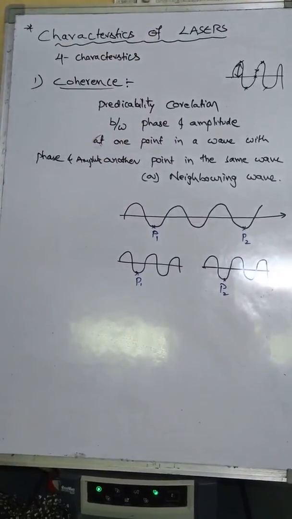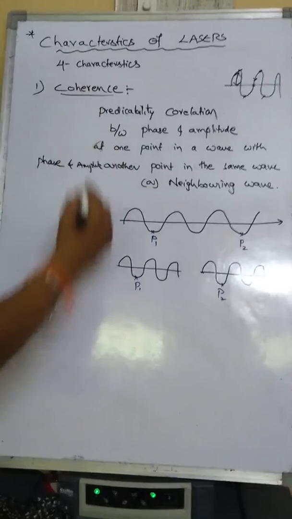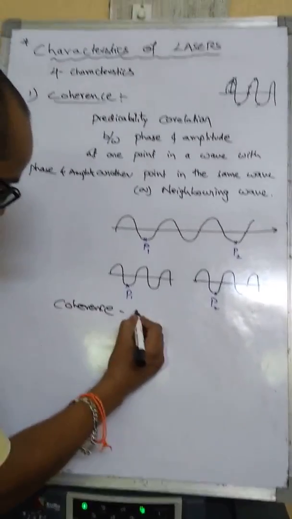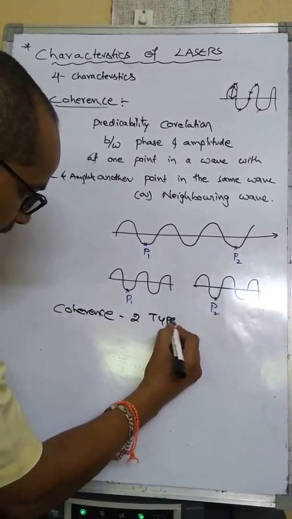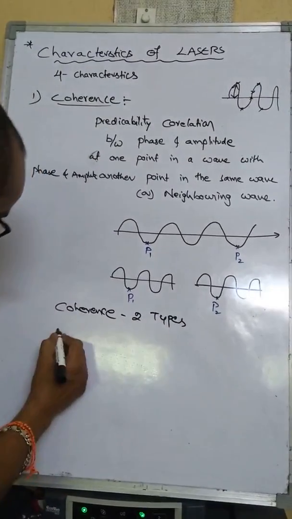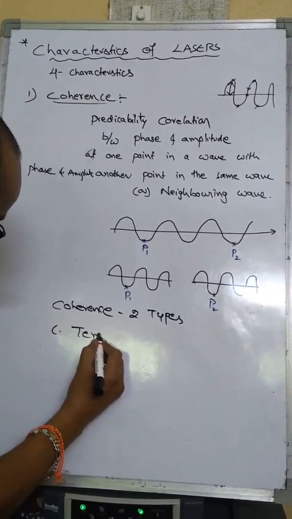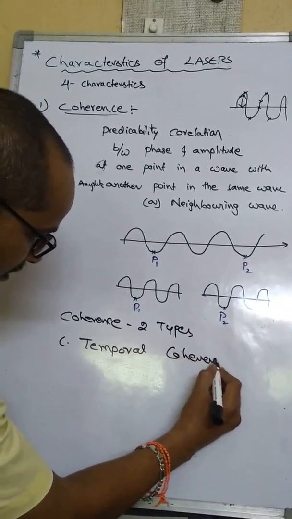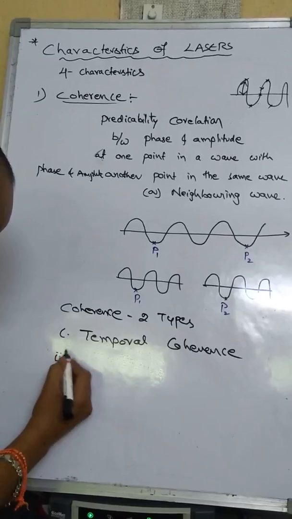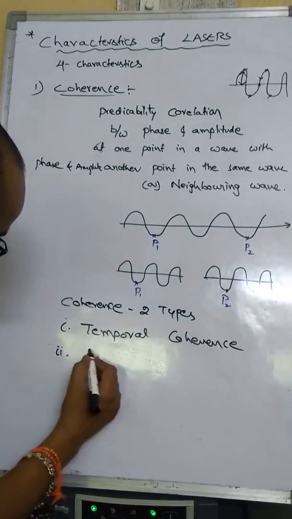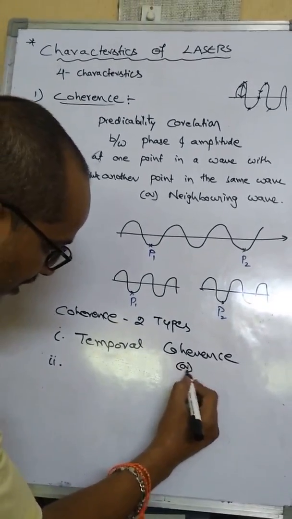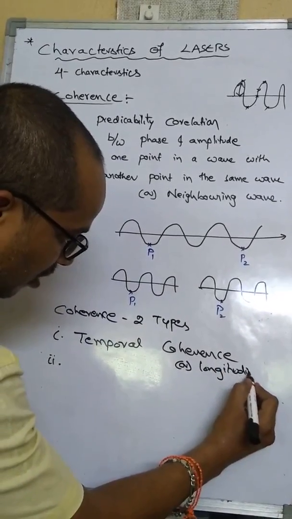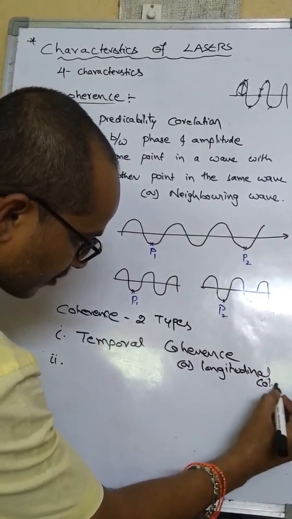Right? So now the coherence is of 2 types. The first type is temporal coherence, or another name called longitudinal coherence.